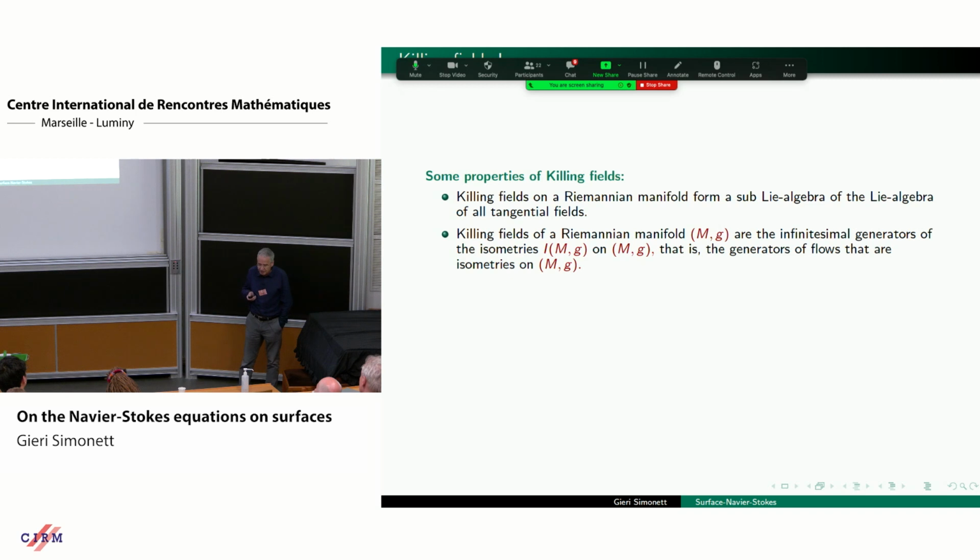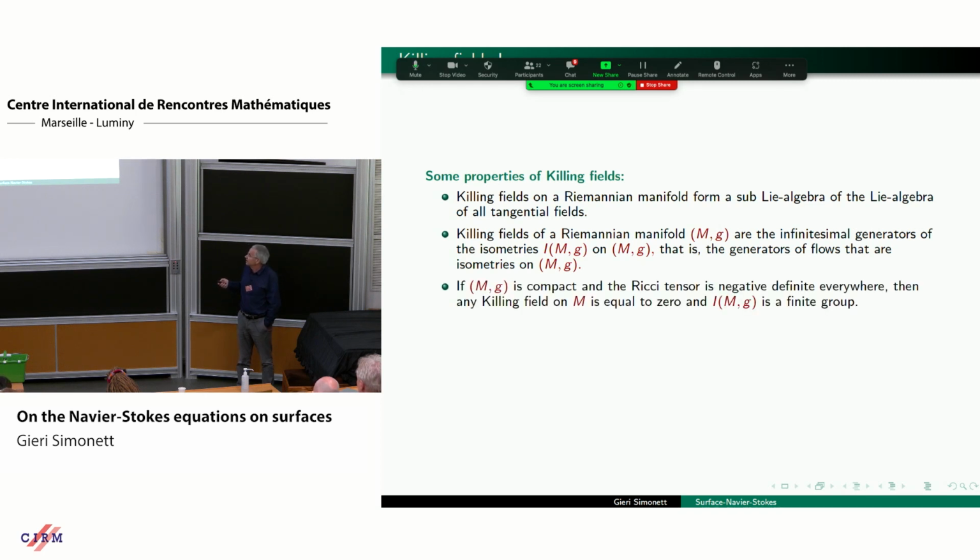Isometries, according to the Gauss Theorema Egregium, conserve the Gaussian curvature, so this restricts what kind of Killing fields you can have.